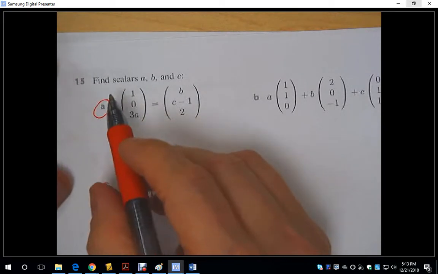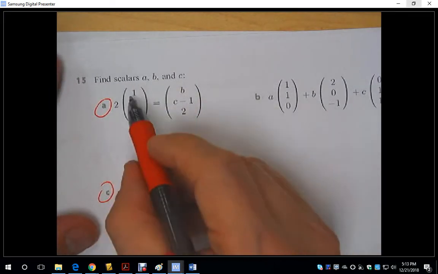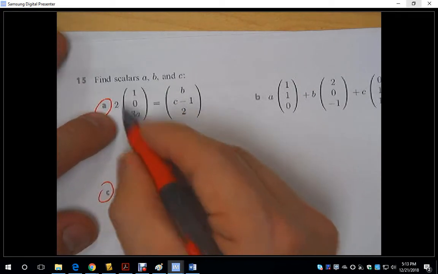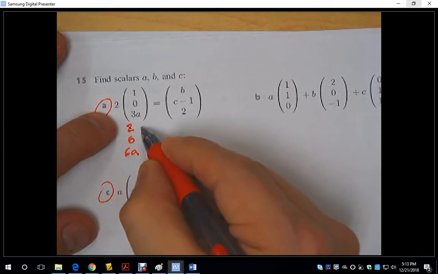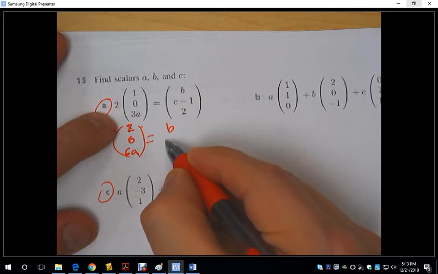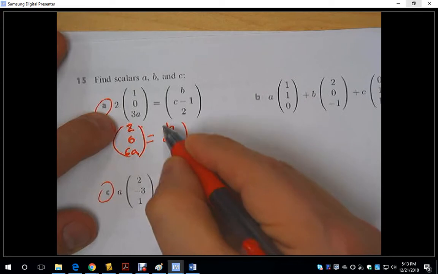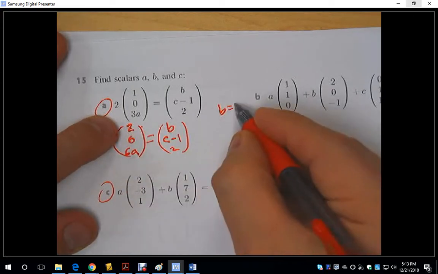Here it says for 15, find scalars A, B, C. So we have a scalar here. This actually becomes 2, 0, 6a, and then this vector equals b, c minus 1, and 2. So b, well, that's just 2.